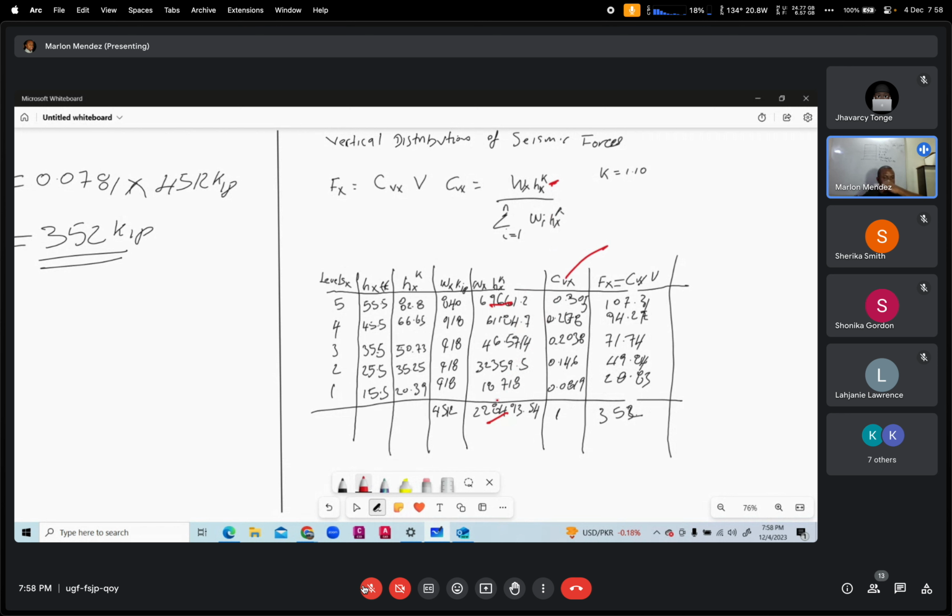On the first floor, second floor, divided by the total load. So basically we're applying the formula here, because the formula says the summation. So it's a summation. Okay? You see that? Divided by each story. Clear?